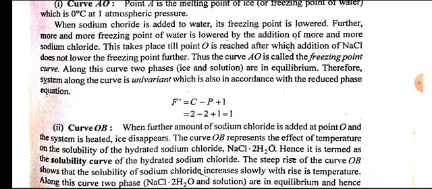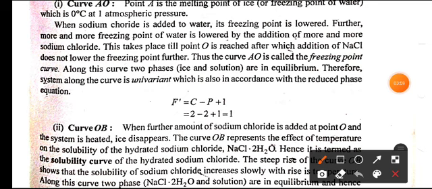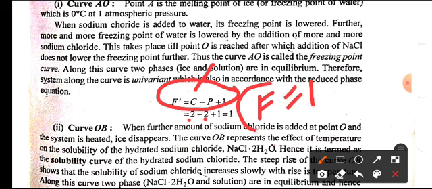Therefore, by applying the phase rule, F is equal to C minus P plus 1, here the number of components is 2 and the number of phases is 2, plus 1. So finally we get the number of degrees of freedom F is equal to 1. That is, the system along this curve is univariant, which is also in accordance with the reduced phase equation.